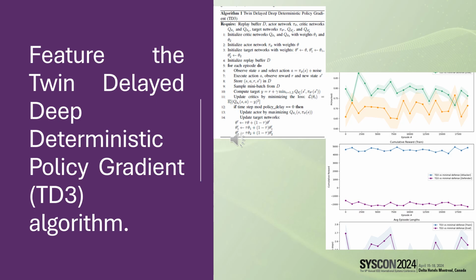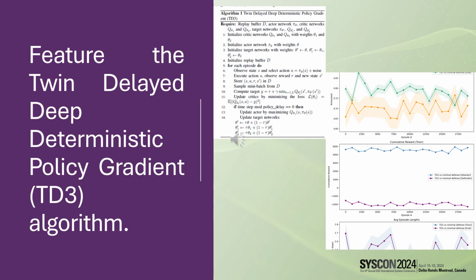For example, the likelihood of a successful hack might indicate the probability of the agent successfully completing its objectives over time. It seems to compare a training scenario and an evaluation scenario, with the training likely involving learning and adaptation, while evaluation tests the learned policy. Cumulative rewards show the total rewards accrued over time during the training.